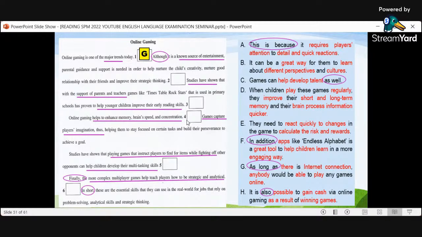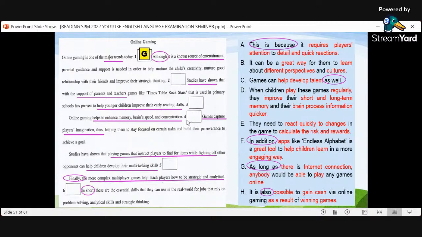Okay, because A is this is because. Nothing to do about is a major, this is because it requires, no. Okay, and not talking about different culture and perspective, it is talking about entertainment, parental guidance. Okay, games can help talent. Nothing about talent has been stated in the next sentence. D, also nothing talking about improving short term. Okay, nothing. The best answer would be G.